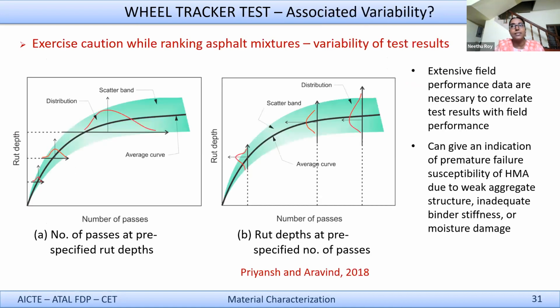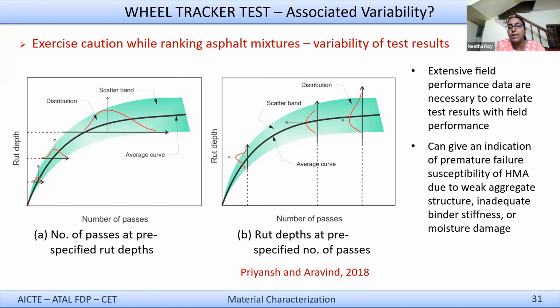Now what is important is that there could be a lot of variability associated with it. The green band shows, from this study, that there could be variability in the number of passes corresponding to a predefined rut depth. Also there could be variability in the rut depth at a predefined number of passes. So if you conduct tests on multiple specimens, you can expect large variabilities in such a test.